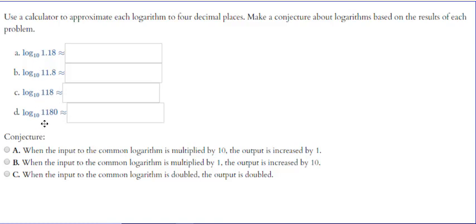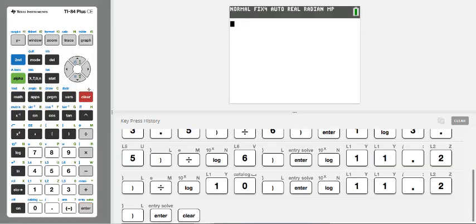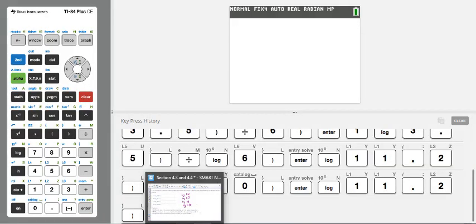These are all base 10s, right? So they're common logs. So we're going to evaluate them as this: 1.18, 11.8, and then, okay, we're going to look at all four of those. So let's go to the calculator. Let's clear this out. Make sure we got it.